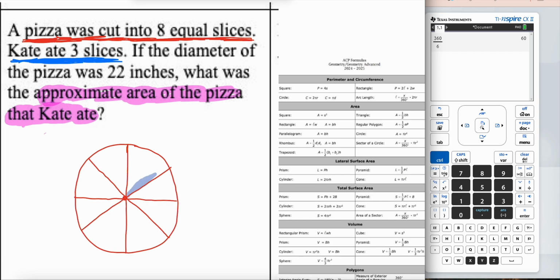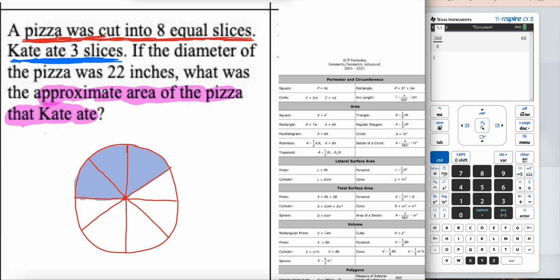So for example, I will choose these 3 and I'm going to color these 3. All right, so these 3 slices that I've colored would be what Kate ate.